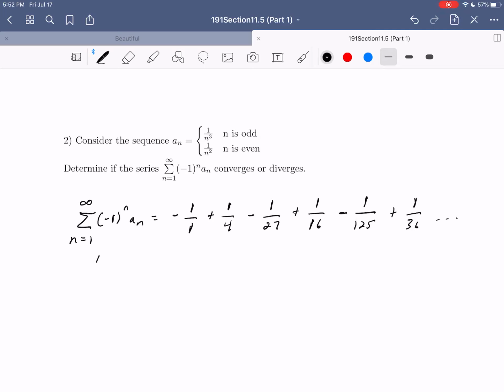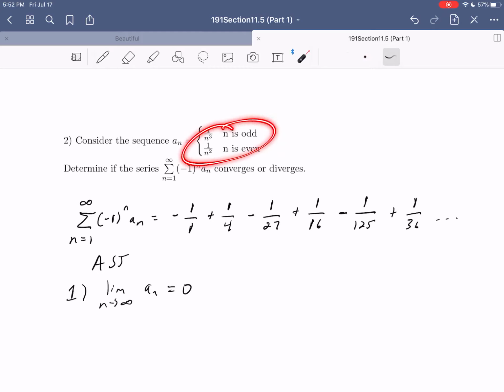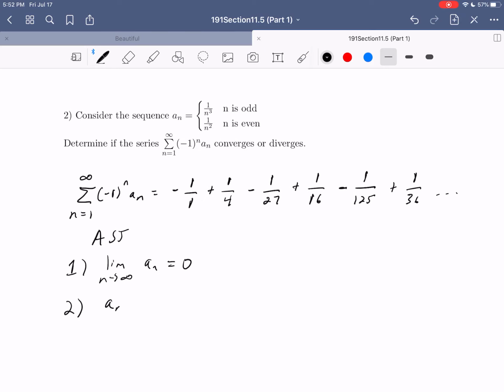Okay, let's try AST again. It should be very clear that the limit as n goes to infinity of a sub n equals 0. It doesn't matter which of these two you're following, or if you're following both, these terms are certainly headed to 0. What about a sub n decreasing? Well, unfortunately, it's not true, because if you look at the terms, 1 over 1 to 1/4, that's a decrease. 1/4 to 1 over 27, that's a decrease.